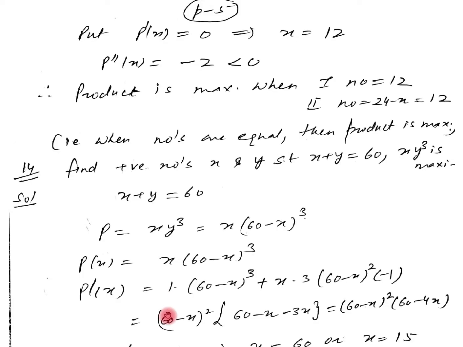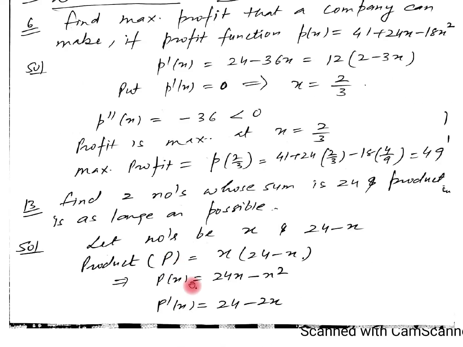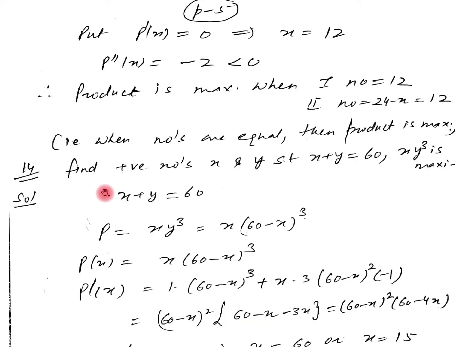Again we find the first derivative, 24 minus 2x. Then in the next step we put it equal to 0, x equal to 12. Again finding the second derivative, it is equal to minus 2, less than 0. So we can say the product is maximum when the first number is 12 and the second number is 24 minus 12 equal to 12.